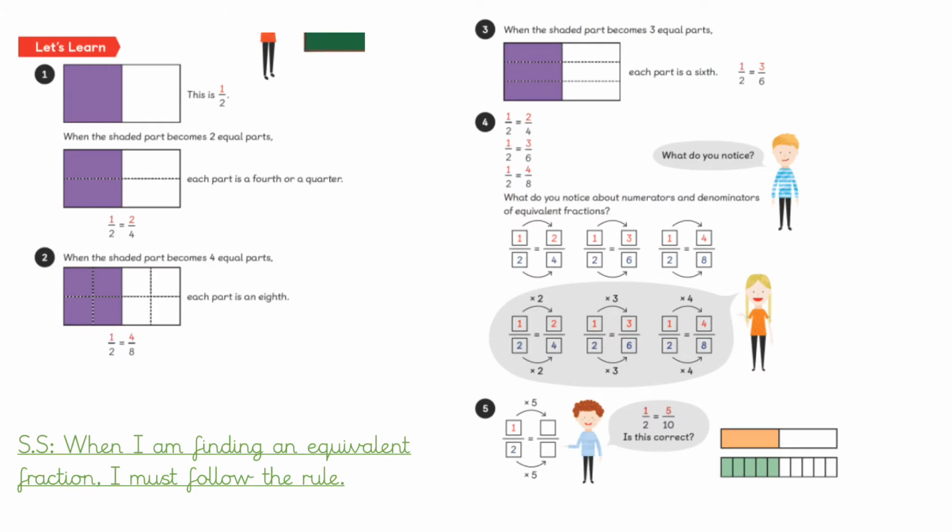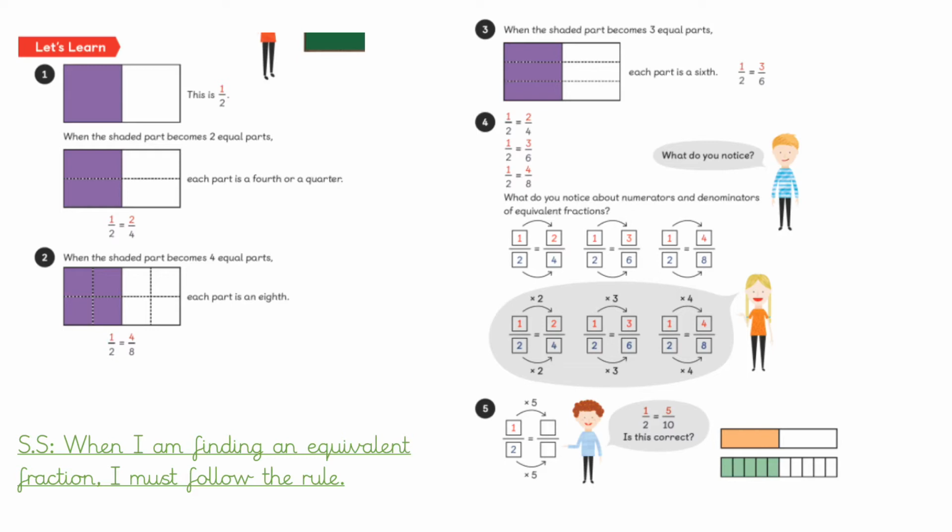Right, let's learn together. So, have a look at number 1. Number 1 is a whole that's been split equally into 2 equal pieces, and each piece is 1/2. Remember, the 1 is the numerator and the number 2 is the denominator.